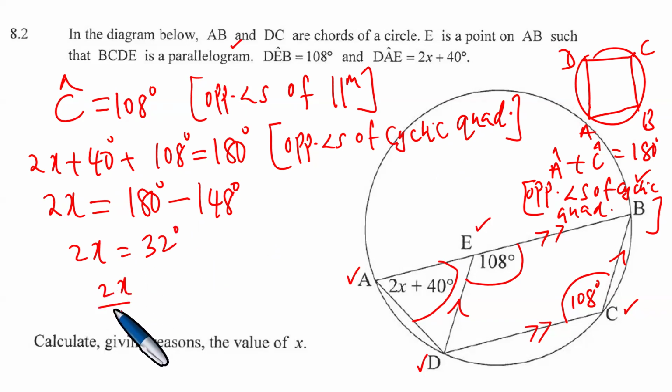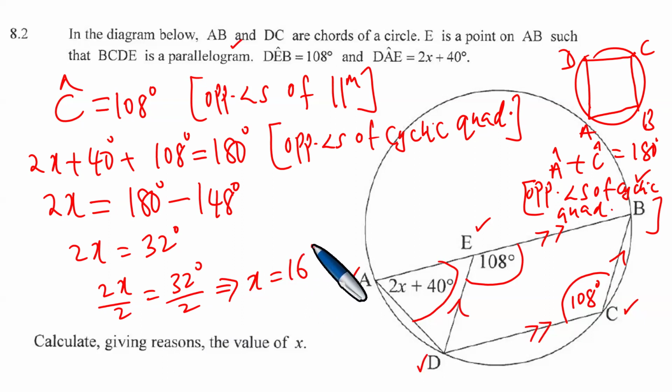You divide both left and right by 2, and you have x equals 16 degrees. They said to calculate, giving reasons, the value of x, and we know the value of x is exactly 16 degrees.